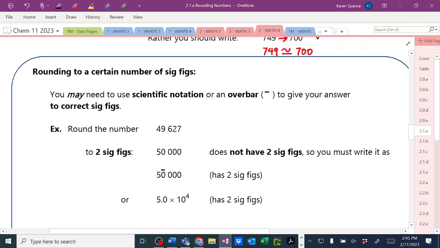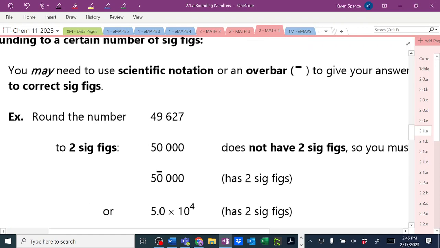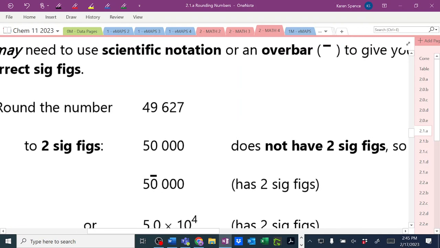Okay, I'm going to do this one here. So let's take our number. We have 4,900,627, and we want to round it to 2 sig figs. So that means I want 2 sig figs. So I'm going to take a look to the right. That means it's going to round up. So the 49 becomes a 50. But this number only has 1 sig fig.